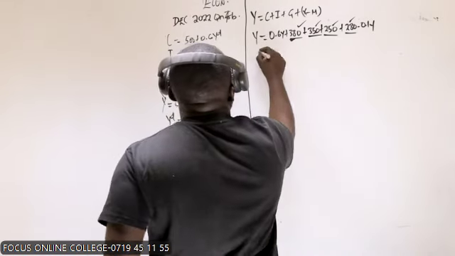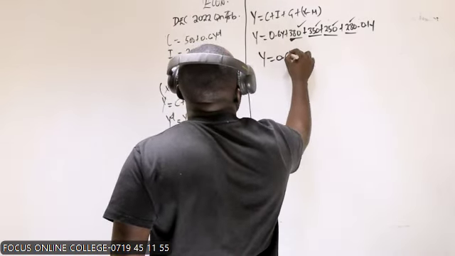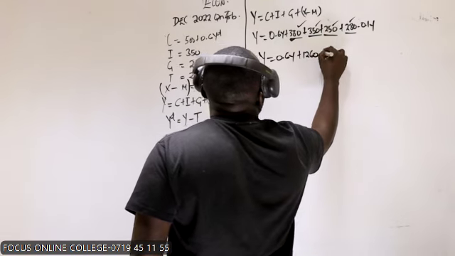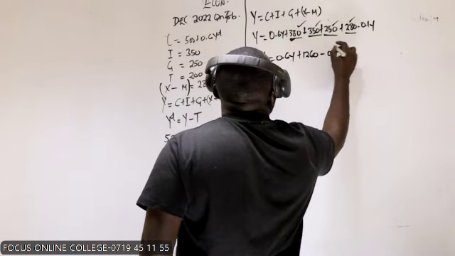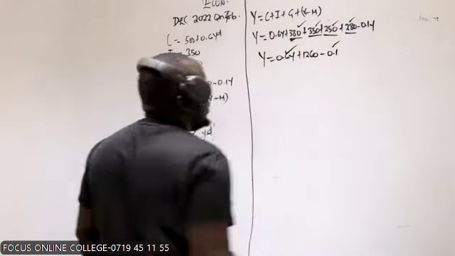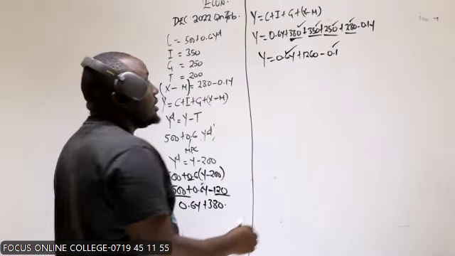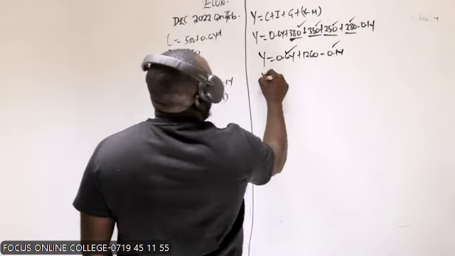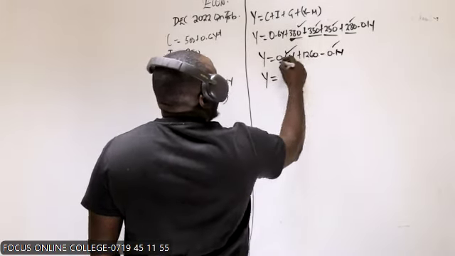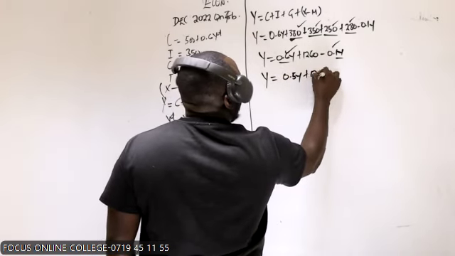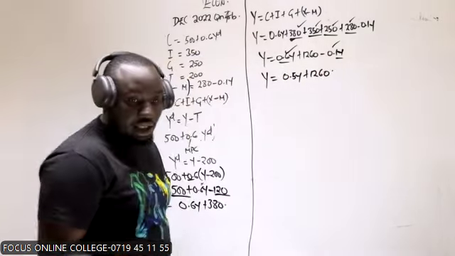So Y is equal to 0.6Y plus 1260 minus 0.1Y. When you adjust them, 0.6 minus 0.1 gives 0.5Y, so Y is equal to 0.5Y plus 1260.